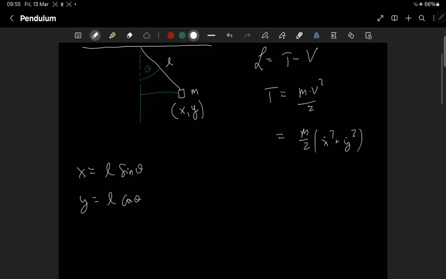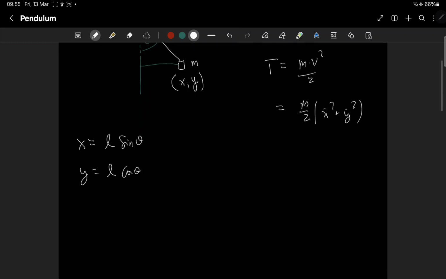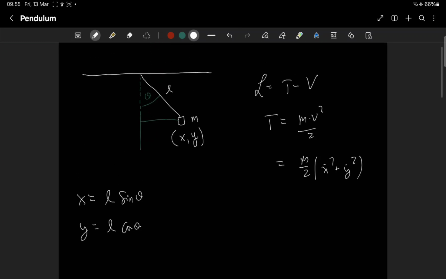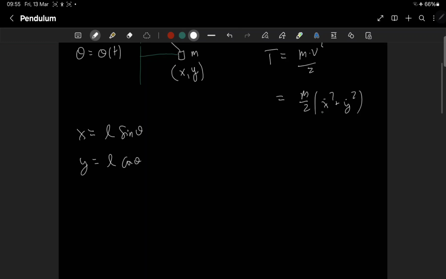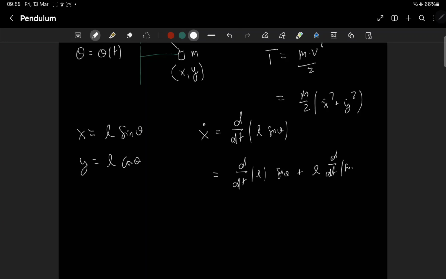So now to calculate x dot, remember theta is a function of time. And if you want to now find x dot and y dot, we differentiate this. We get x dot is equal to d by dt of L sine theta, and this is equal to d by dt of L times sine theta plus L times d by dt of sine theta.